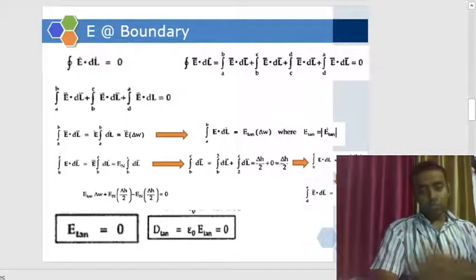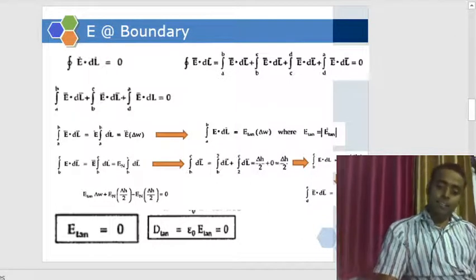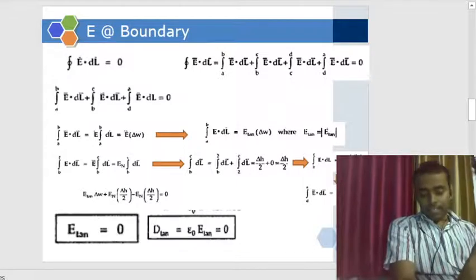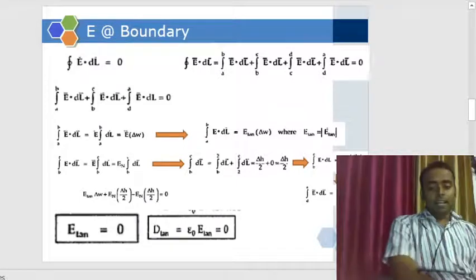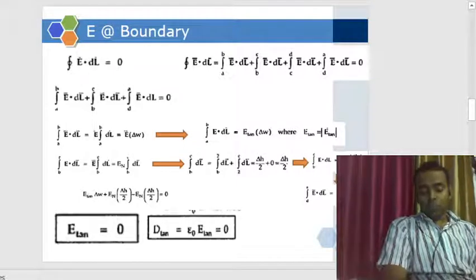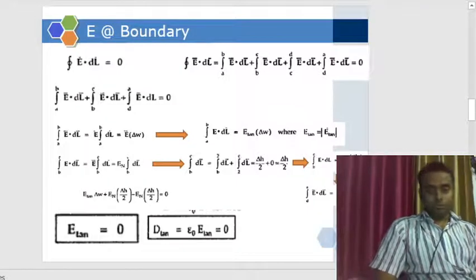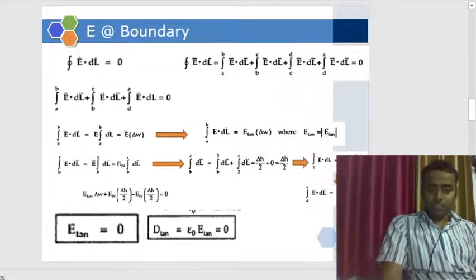So D is equal to epsilon E. When E tan is 0, then D tan will also be 0. Fine, no? So the tangential component of electric field intensity and the tangential component of electric flux density are 0.